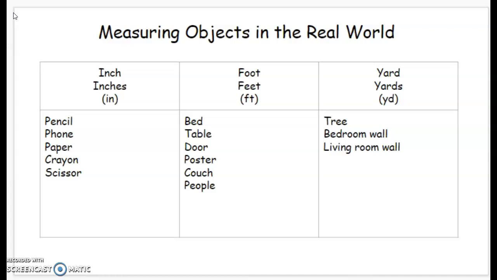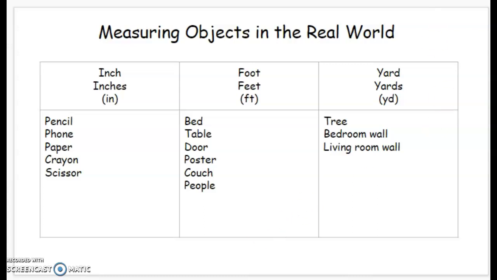So these are some kind of maybe classroom objects. Then the feet, remember, that is 1 whole ruler. So a larger object like a bed, a table, the door, poster, couch. People, we measure people in feet. I'm about 5 feet tall, 5 feet and about 4 inches.